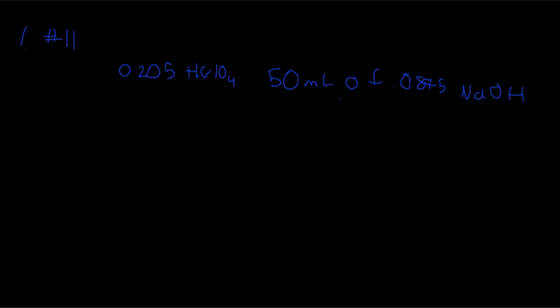And then what we want to do first is balance our equation. So we take the HClO4 plus our NaOH, and our products should be NaClO4 plus H2O.